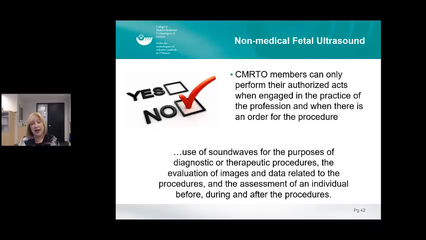And so that is not happening in the entertainment area of sonography. So no, CMRTO members would not be authorized to perform a procedure on a fetus for non-medical purposes, because they're not engaged in the practice of the profession and they would not have an order for the procedure.